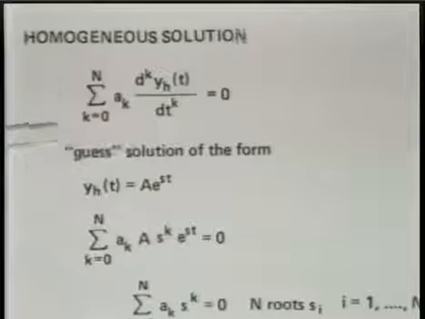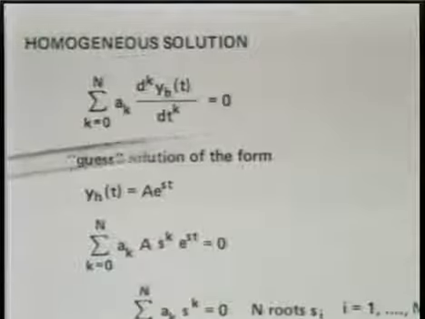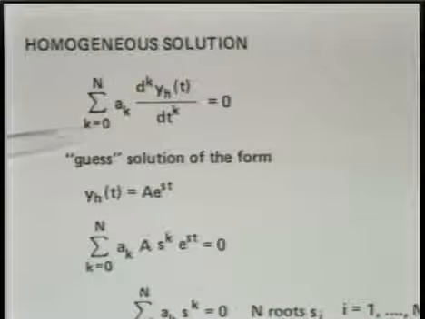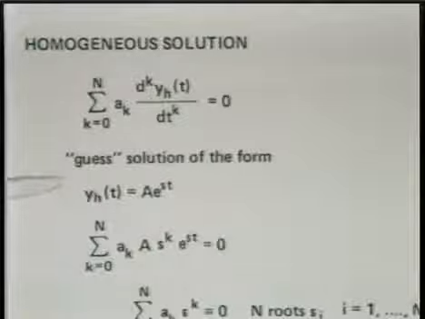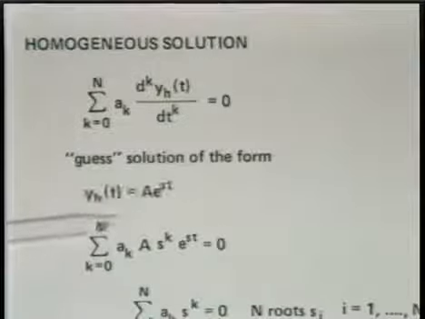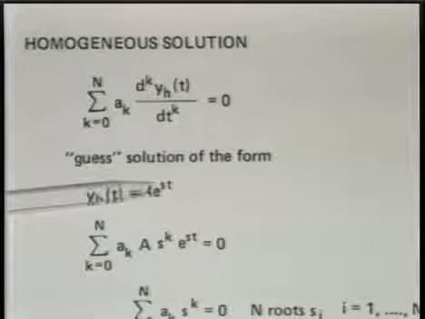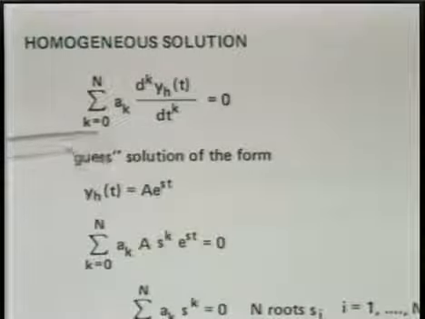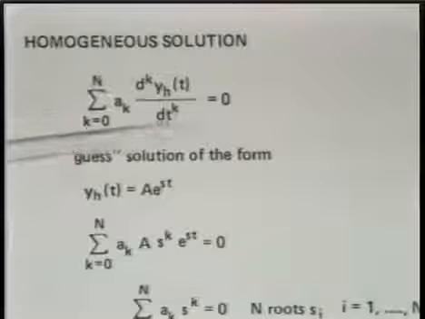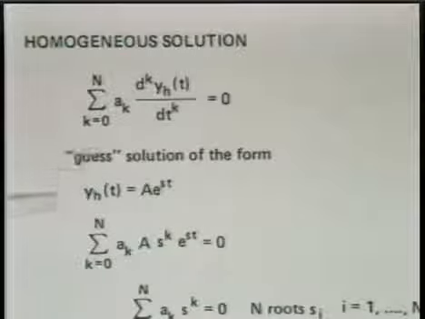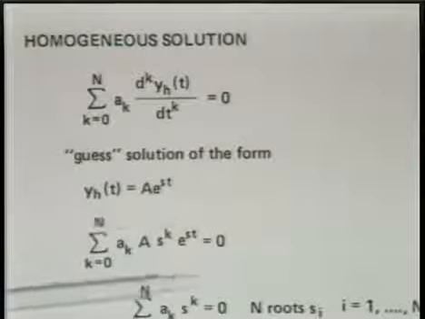And this form for the homogeneous solution, in essence, drops out of examining the homogeneous equation, where if we assume that the form of the homogeneous solution is a complex exponential with some unspecified amplitude and unspecified exponent, and we substitute this into our homogeneous equation, we end up with the equation that I've indicated here.